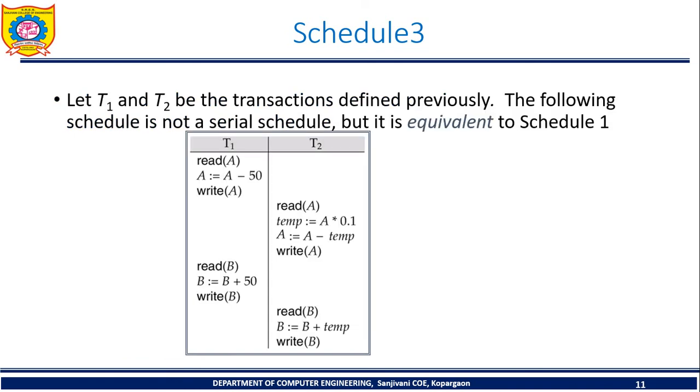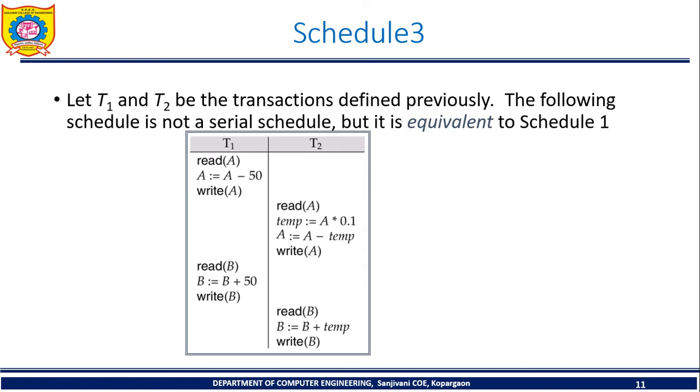Now schedule 3. Let T1 and T2 be the transactions defined previously. The following schedule is not a serial schedule, but it is equivalent to schedule 1. It means first transaction T1 runs, half of T1 finishes, then T2 comes into the picture and half of T2 finishes.